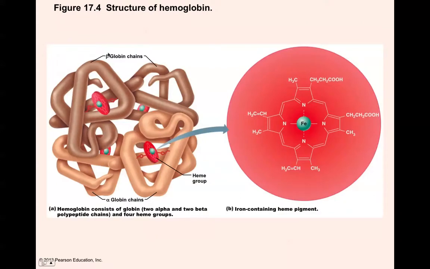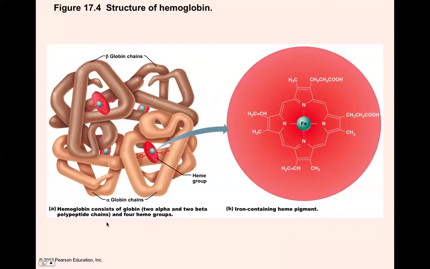And here is the picture, actually not a picture, but a drawing, a figure of the structure of hemoglobin. They've actually been able to get images as tiny as proteins, and so scientists are learning more and more every day about the structure of proteins.